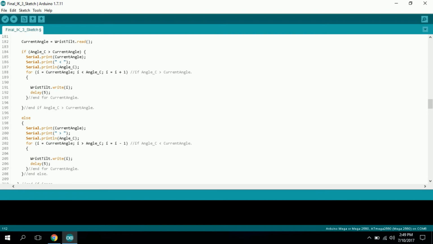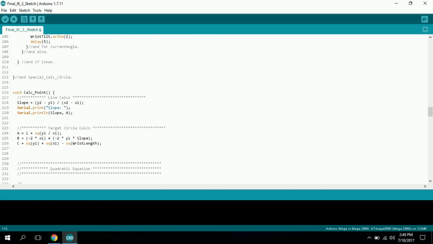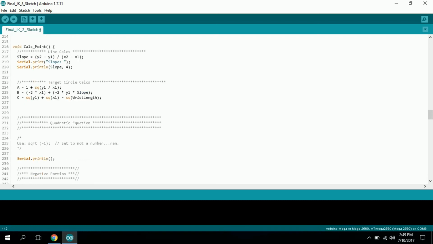Now going on to just the normal circle calc point, where you want to find the point on the circle. You set the slope here, y2 minus y1 divided by x2 minus x1. You print the slope. Here's the slope, and I give it 4 decimal places. The target circle calc, I have a is equal to 1 plus the square root of y1 divided by x1.